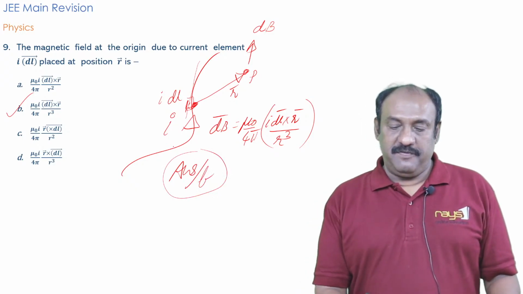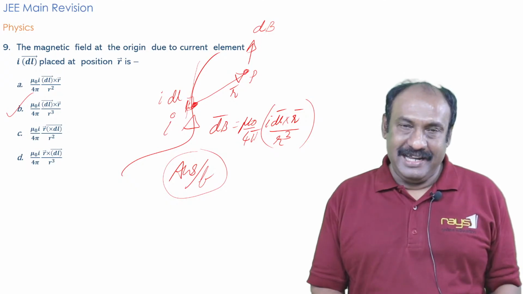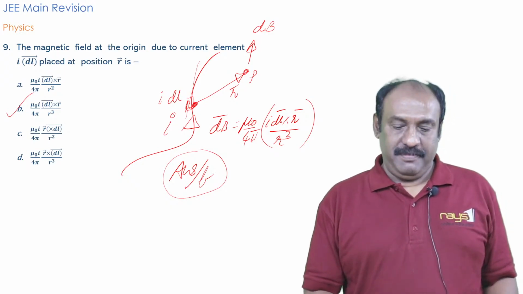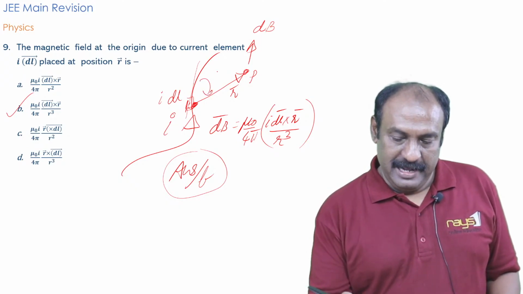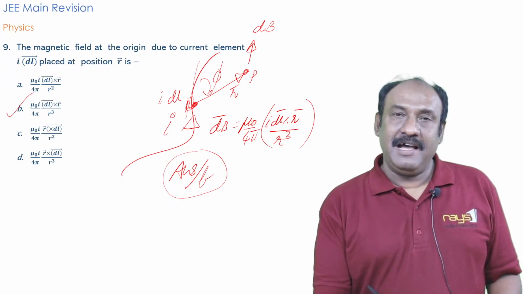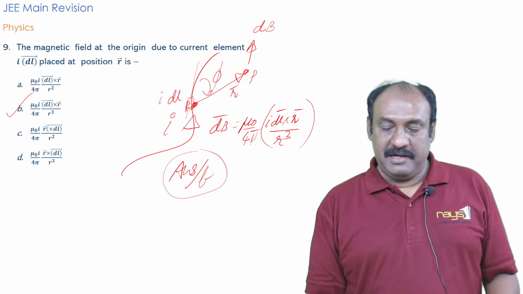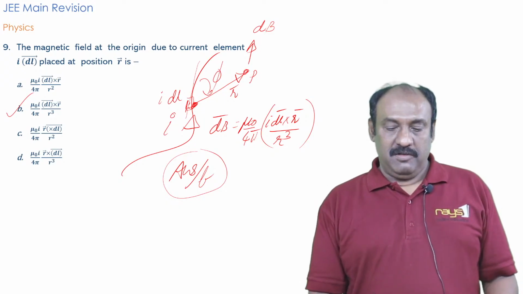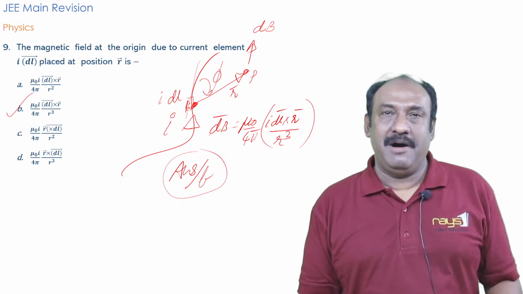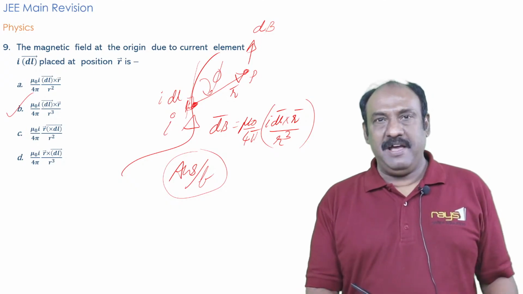So the equation for magnetic field at a point due to a current element of an uneven conductor carrying current I, at an angular position theta with respect to the current element, is mu naught by 4 pi into I dl bar cross r bar. For magnitude, the mod of I dl bar cross r bar is I dl into r sin theta, and r gets cancelled.